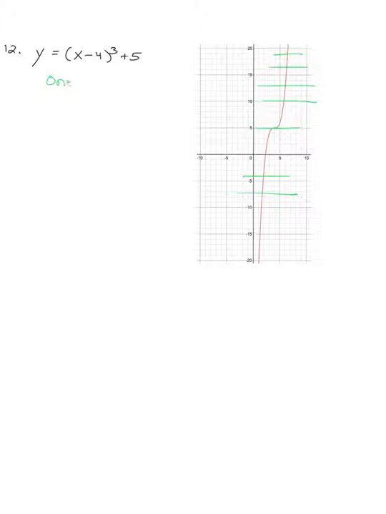So I'll just put, is this 1-to-1? And yes, it is. Therefore, I can rewrite this function as x is equal to y minus 4 cubed plus 5 and solve it for y. I'll subtract 5 from both sides. I'll take the cube root of both sides.